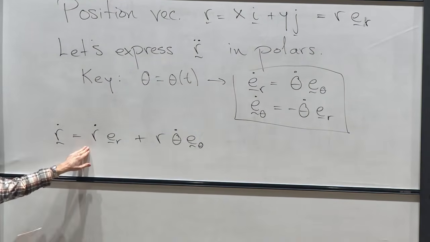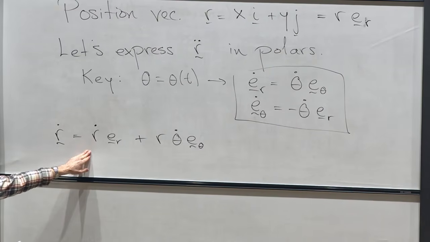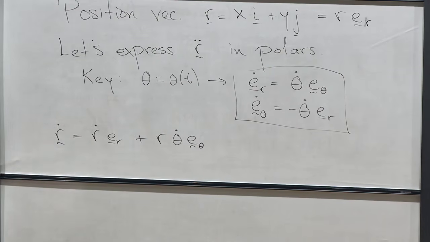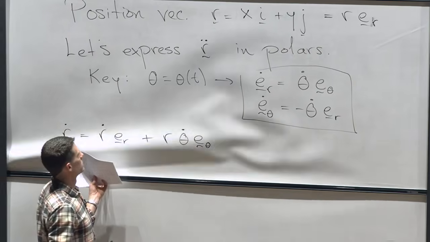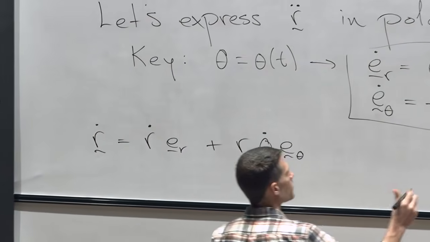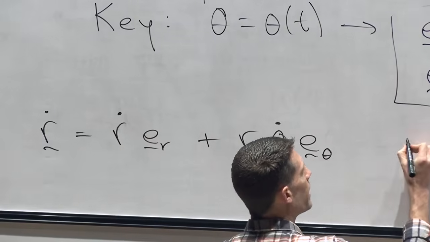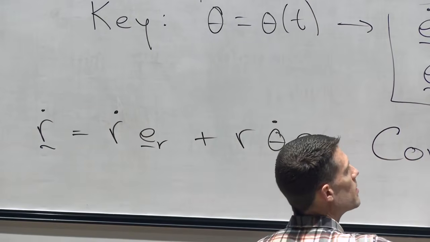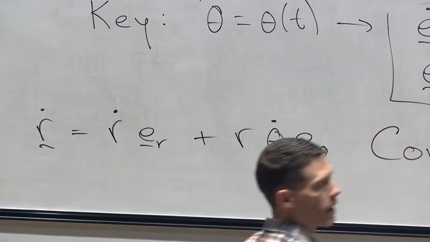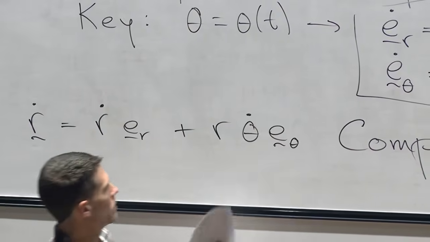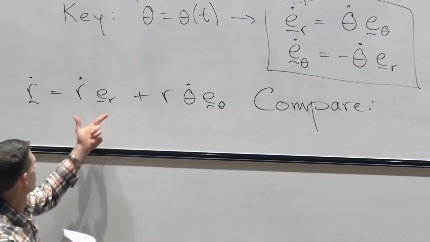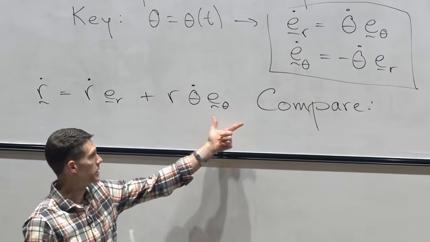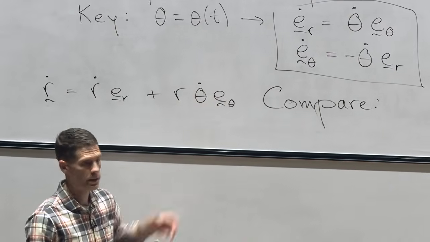Even just before we go to the second derivative, let's pause on that equation for a moment. We might, for instance, compare two kinds of motion: one motion where only that term is present, and a different motion where only that term is present.